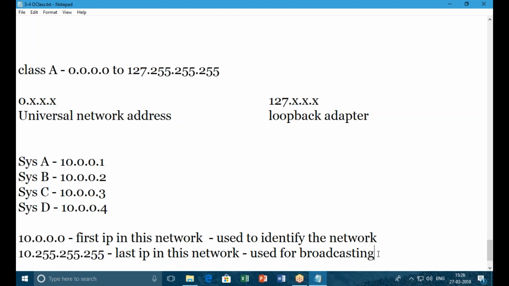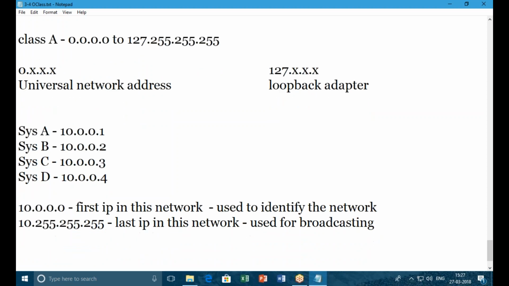Except these, all the remaining IP addresses will be assigned to systems. This is the same for the other classes also.